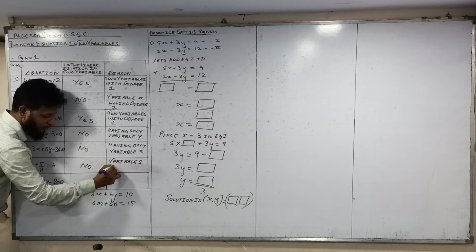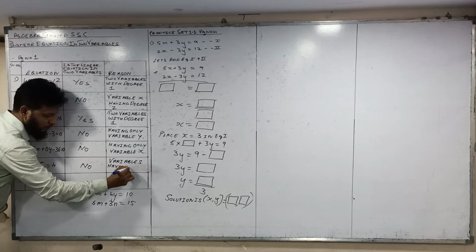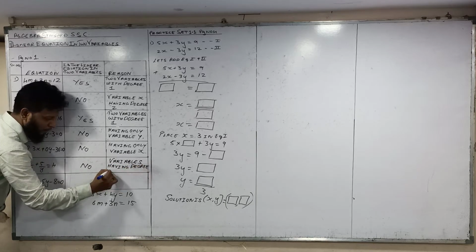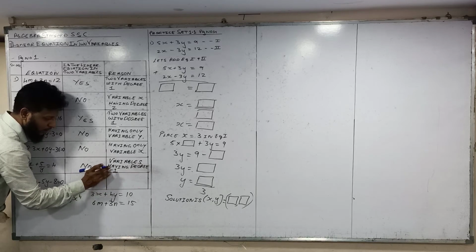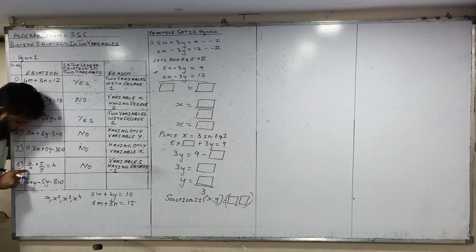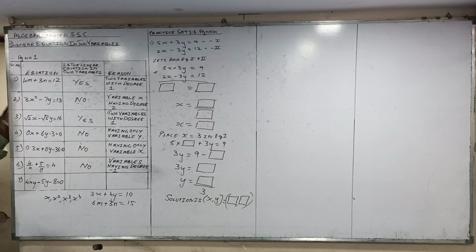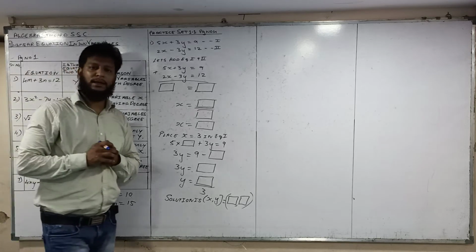If the variables are in the denominator, then they have degree in minus. Okay, so no. So what is compulsory for a linear equation in two variables?